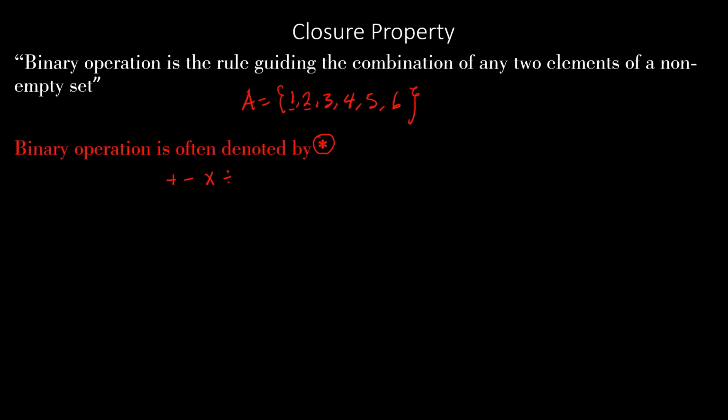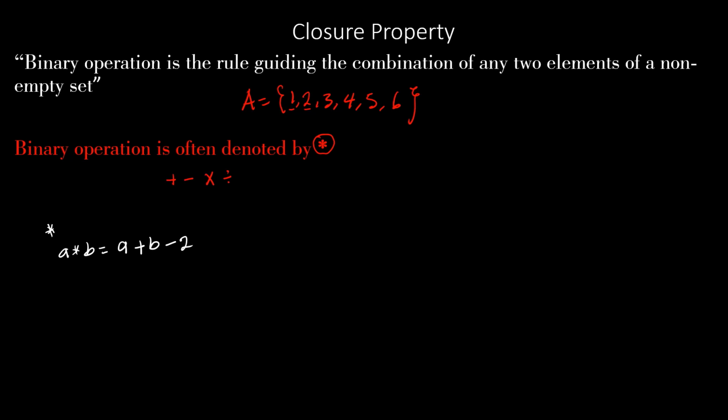So giving an example, if you have an operation denoted as asterisk and defined by A asterisk B to be equal to A plus B minus 2.